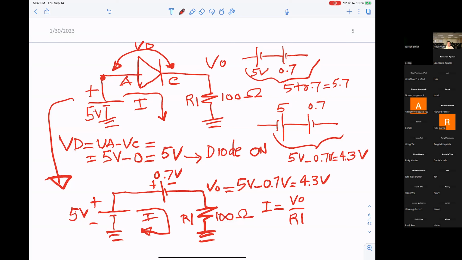You get the V out, you get 100 ohm, that you're able to calculate the current. Okay, any question? So the current will be V over R1, which is 4.3 over 100 ohm.